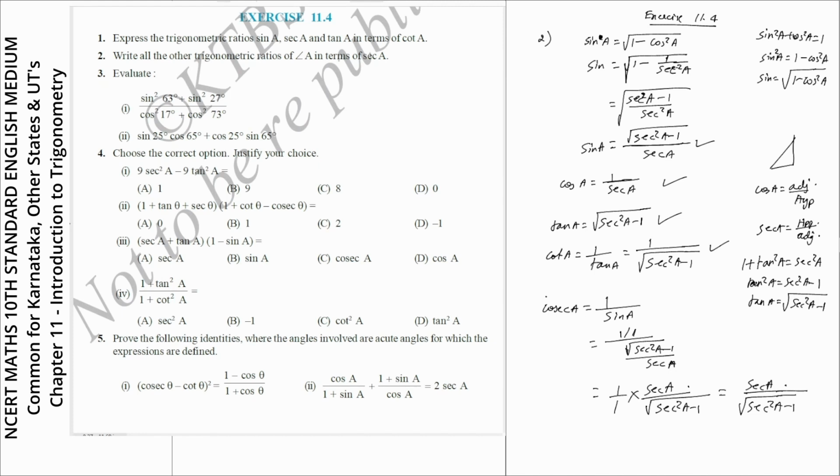Or simply, secant A we have already found out, just invert it, bring the numerator to the denominator and the denominator to the numerator, and we will get the answer.